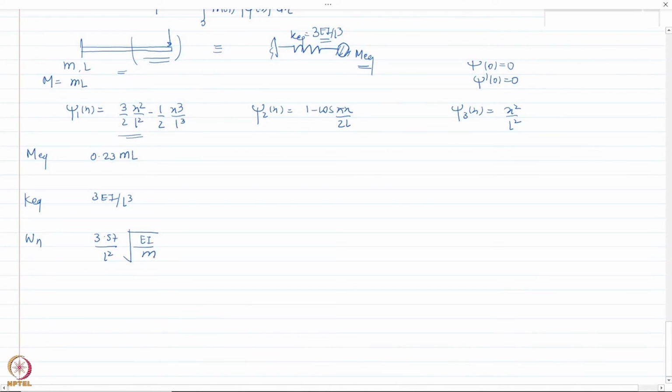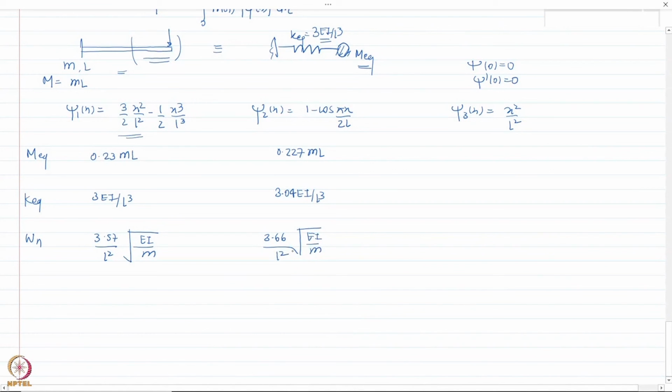Now for the second case, when you substitute that, you will see this value comes out to be around 0.227 ml, and this value comes out to be around 3.04 EI by L cube, and omega n comes out to be 3.66 EI by m, and this is L square.